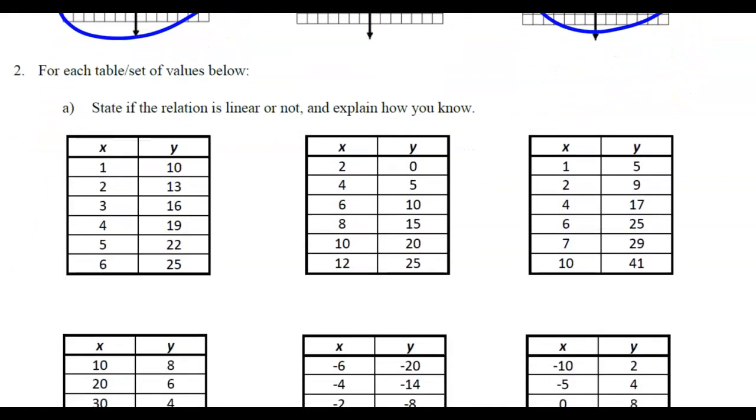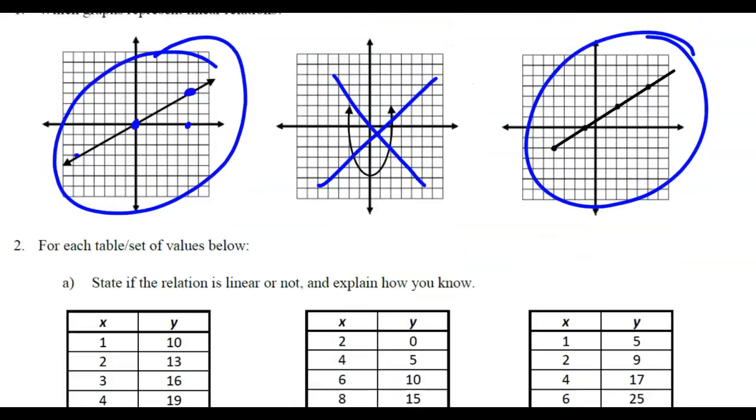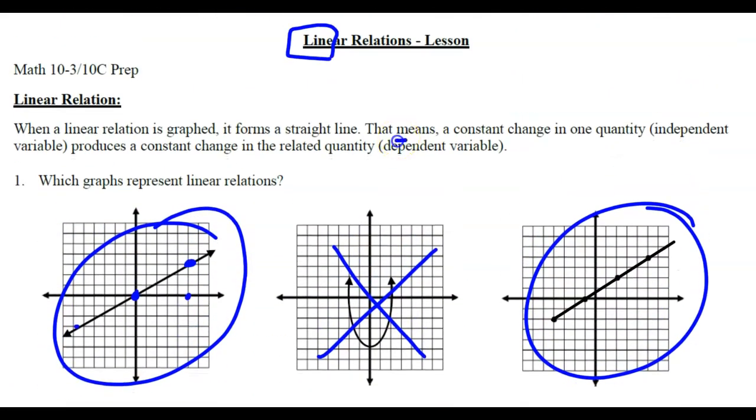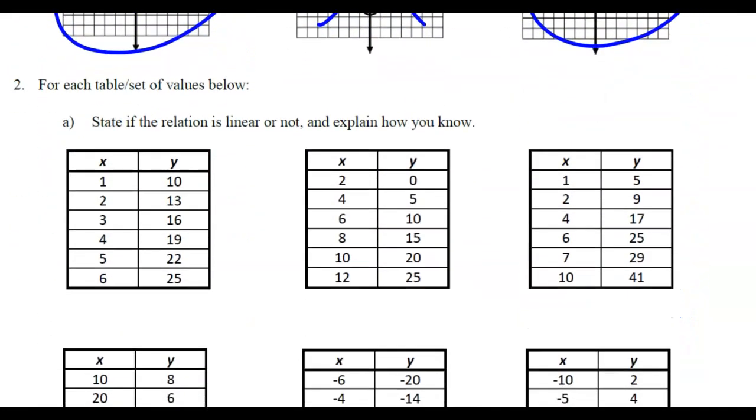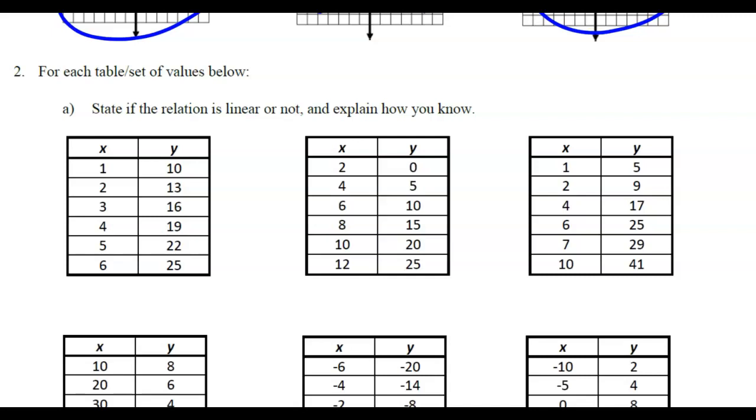With tables of values, it's a little bit harder. So that's where we have to look back at this part of the definition. A constant change in the independent variable produces a constant change in the related dependent. Constant means remains the same.